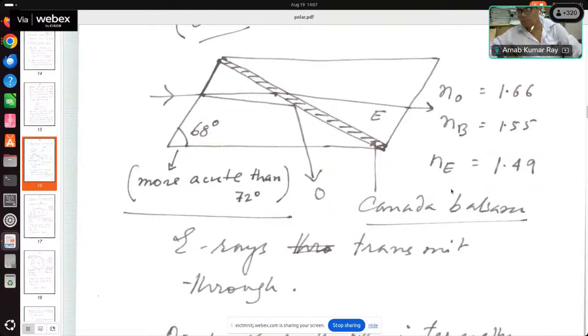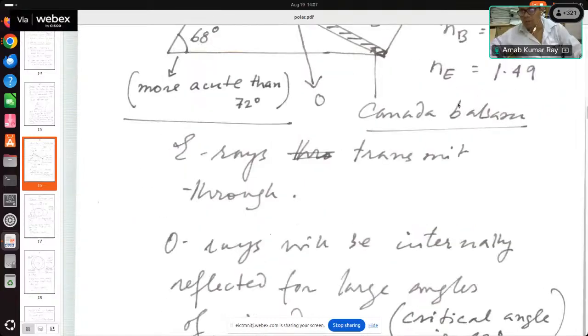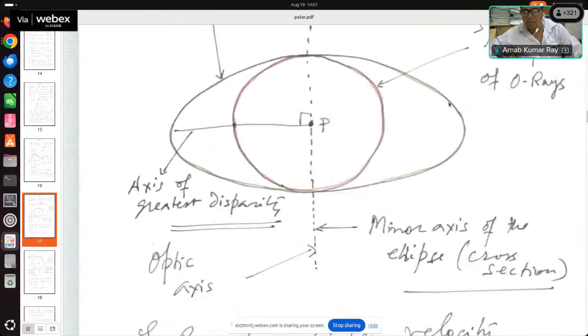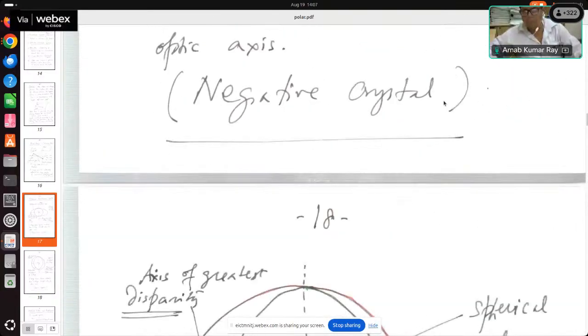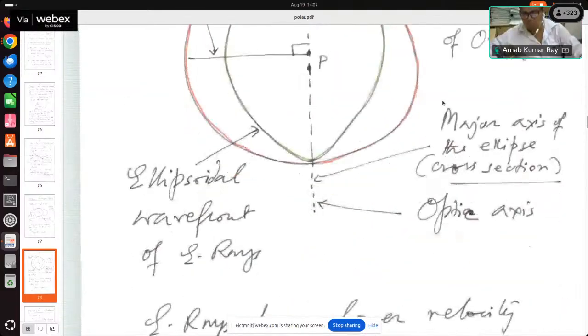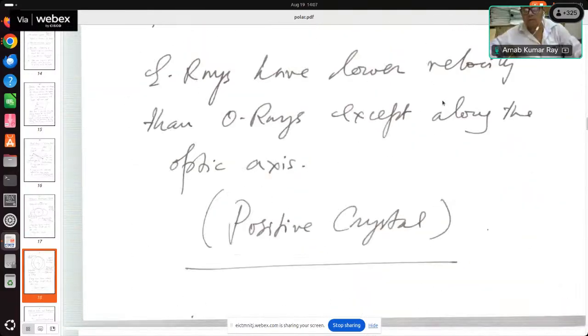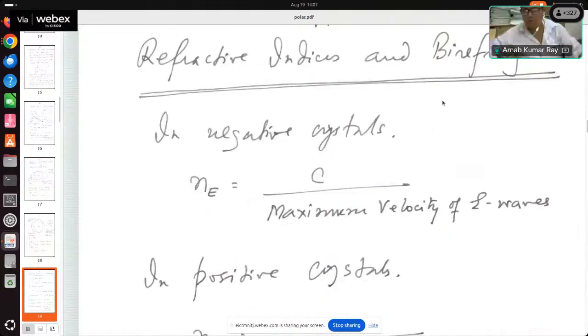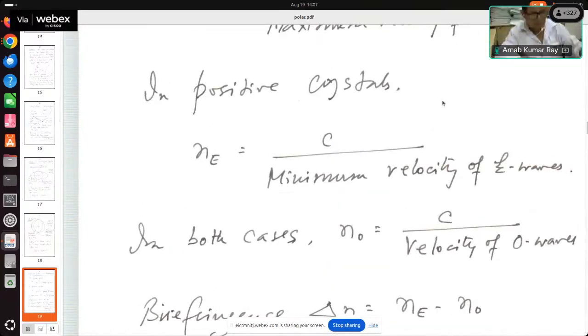Now, in an anisotropic material, yesterday we discussed a few things. For instance, for the E rays, the refractive index has a different value as compared to O rays. So it immediately means that different directions have different refractive index values, which will correspond to different dielectric constant values.